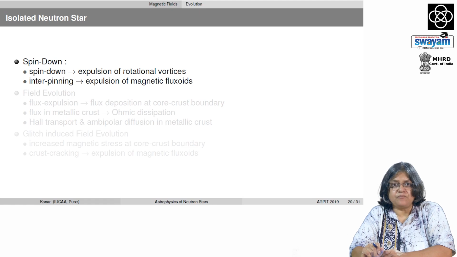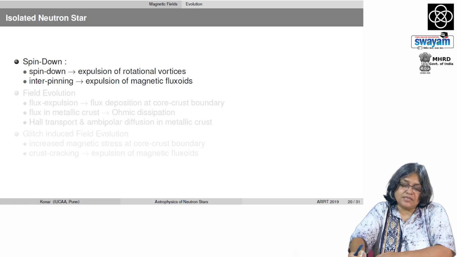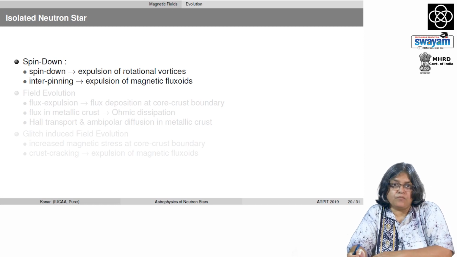would necessitate expulsion of rotational vortices from the core region, because the rotation of neutron star is mainly supported by the rotational vortices in the neutron superfluid, and we have already said that the neutron superfluids are intimately linked through nuclear interaction, the strong force, to the magnetic fluxoids that are there in the core.